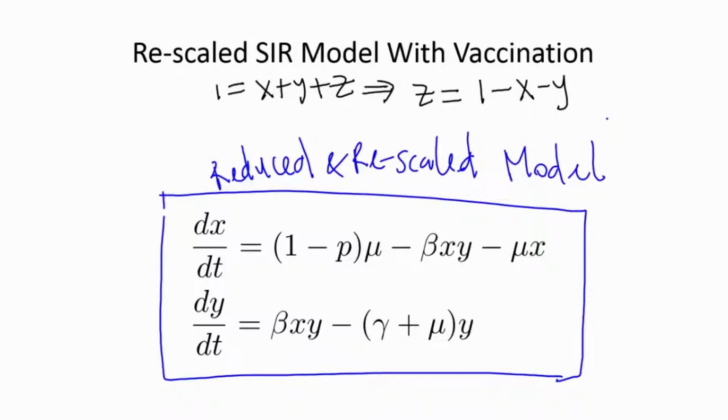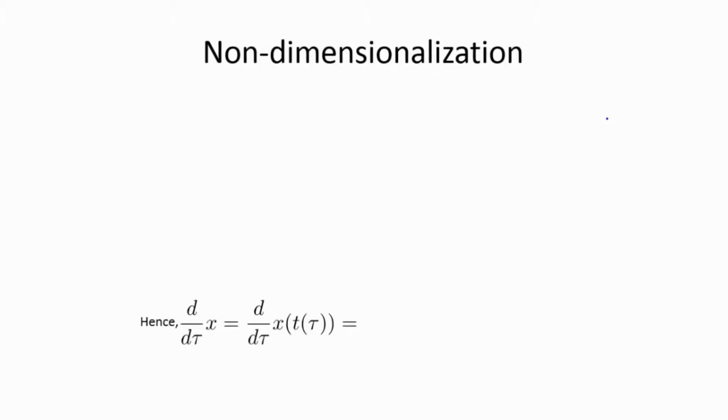It is a reduced version of the SIR model. X and y denote fractions, okay? So we're going to do something else here with this. Actually, we're going to take a short break and we will come back for part 2, which has to do with getting rid of dimensions.